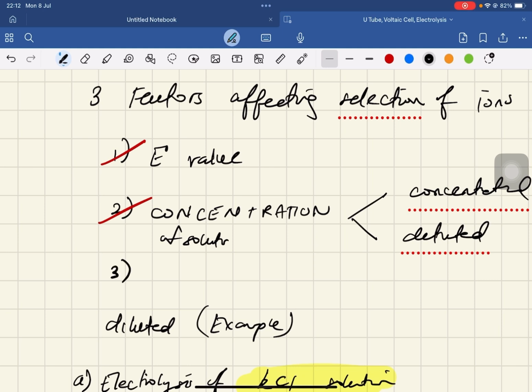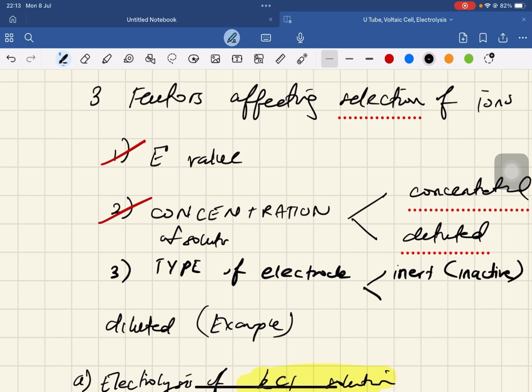Okay, third factor would be, okay, now this one tadi kita dah buat is what we call inactive electrode, inert lah, inert electrode. Okay, so now kita akan buat pasal type of electrode, and this time we use active electrode. So we got two, inert, inactive lah, and active.